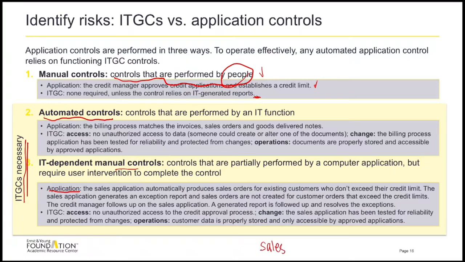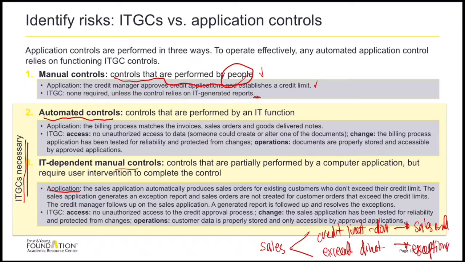So from the sales, if it doesn't exceed the credit limit, there is already a sales order. If it exceeds the credit limit, there is an exception report.